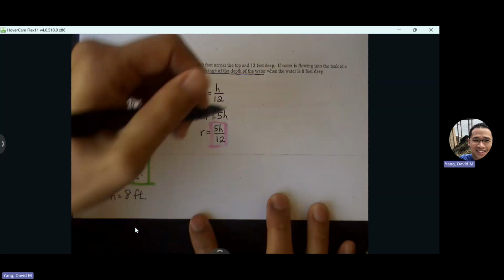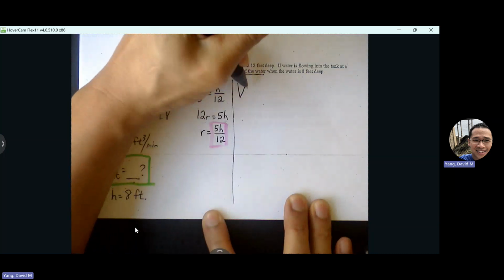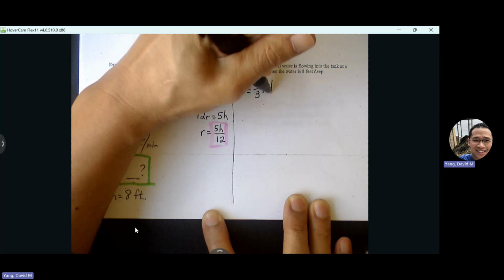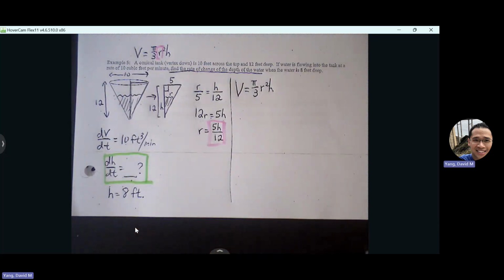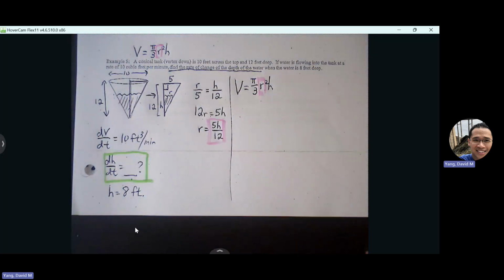Okay. Let me write the equation again, and then we can make the substitution. V equals pi over 3 R squared H. I'm just going to make a replacement. Replace R with 5H over 12.